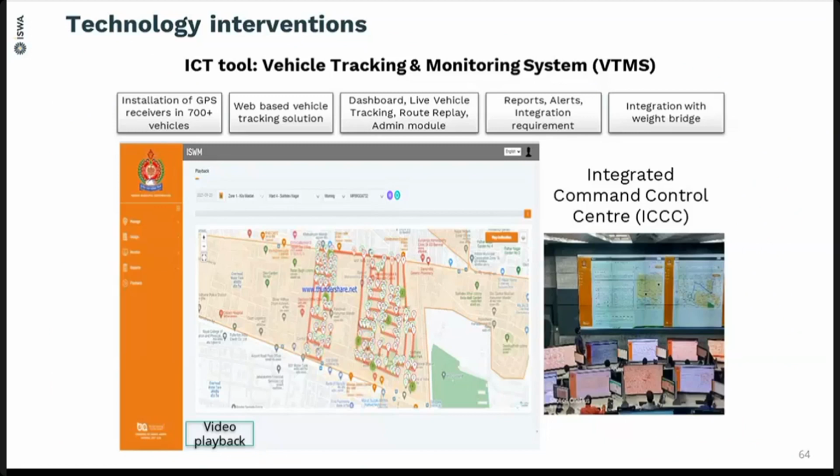We not only ensure 100% coverage, but we always ensure in-order coverage. As I said, the entire city is divided into 19 zones, so we have 19 screens there, and people sitting in two shifts monitoring.